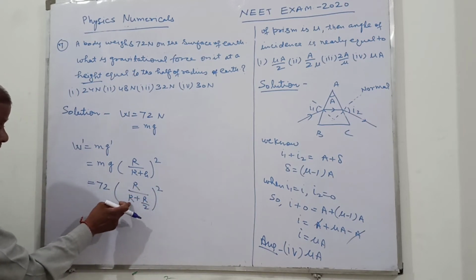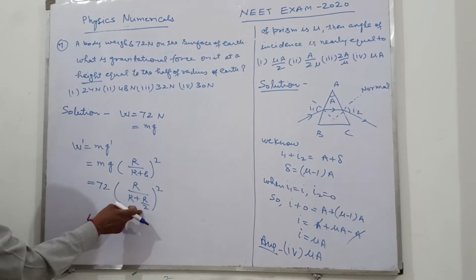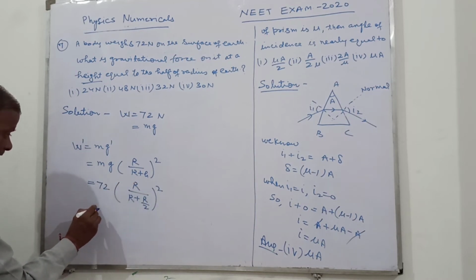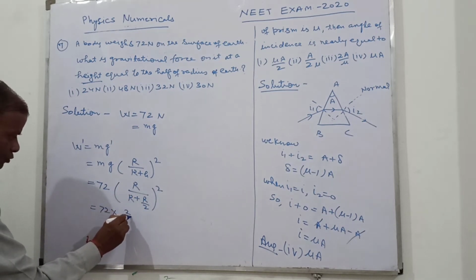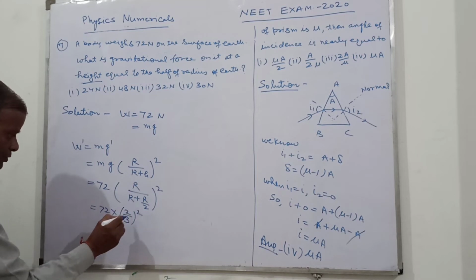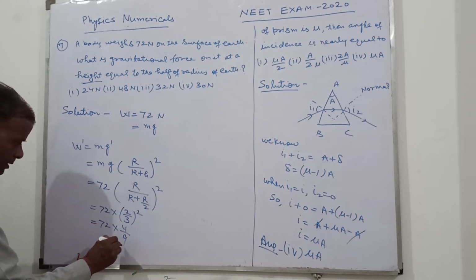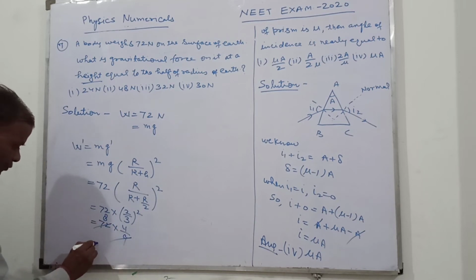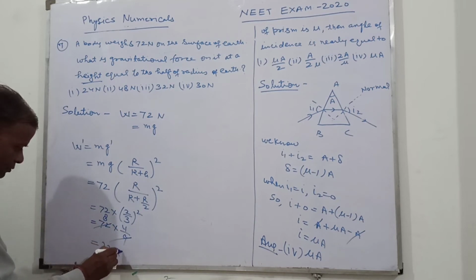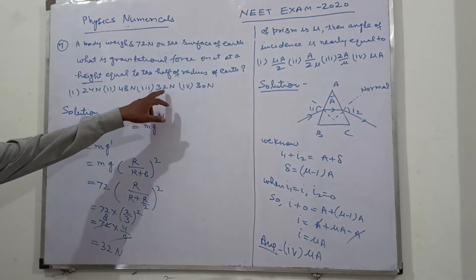So this will be 3r upon 2. So 2 goes up on this side: 72 into 2 by 3 whole square, then 72 into 4 by 9. 9 into 8, 8 into 4, this is now 32 Newton. This is the right answer.